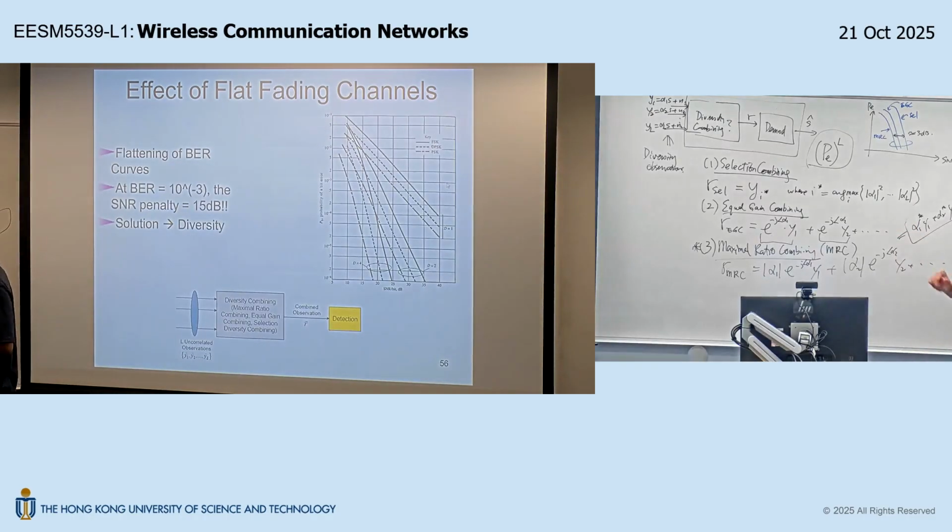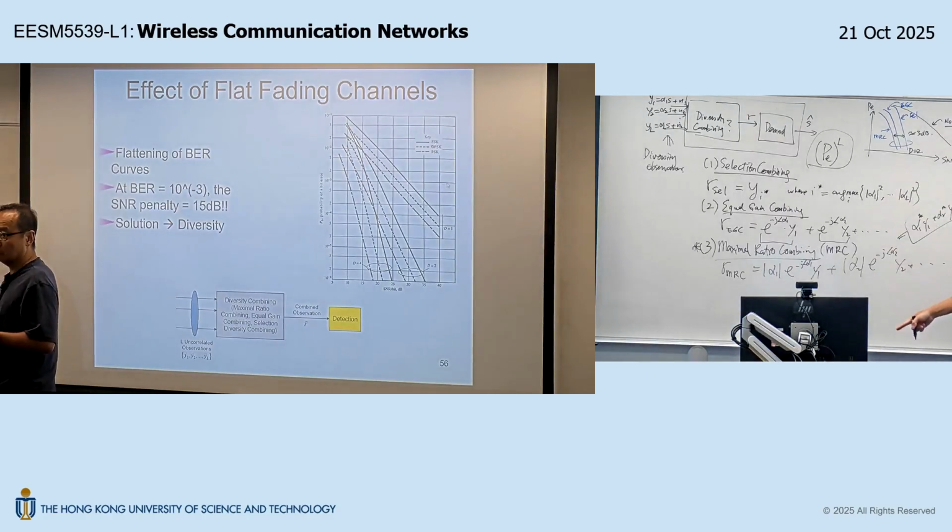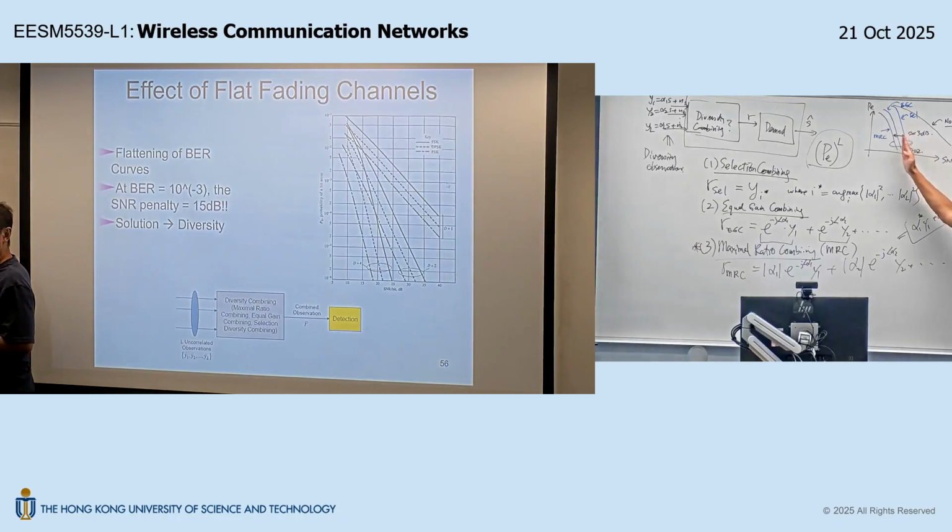But the important thing is the diversity benefit of having, if I'm talking about two-order diversity, the slope will be doubled compared to this, which is the case without diversity. This is the case with diversity order 2. Okay? Either one of these combining methods, any one you use, you can already get a steeper slope.